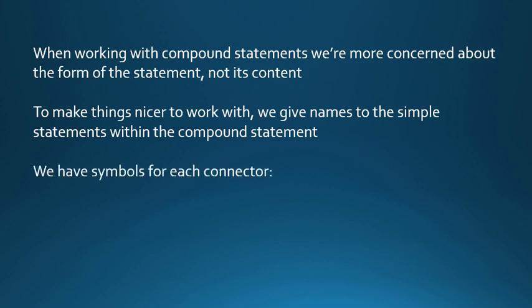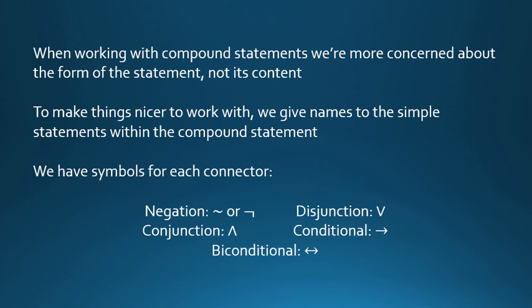And for each of those logical connectors that we talked about earlier, the disjunction, conjunction, conditional, and biconditional, we have symbols for each of these guys. We have a symbol for the negation as well. It is the tilde, or the one that you'll see me use more often is this guy right here.